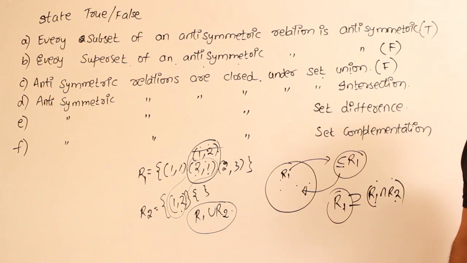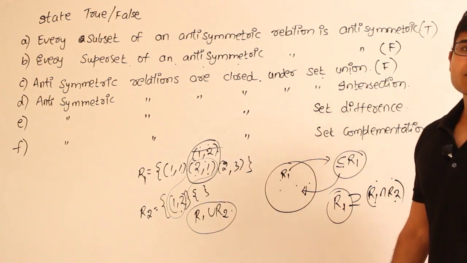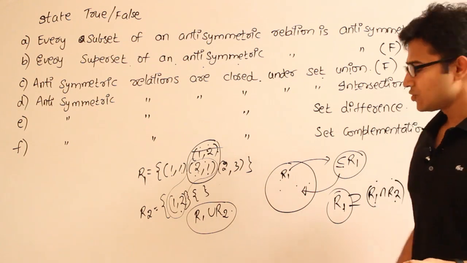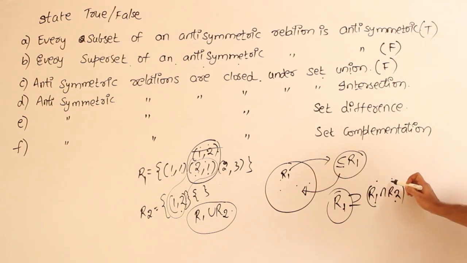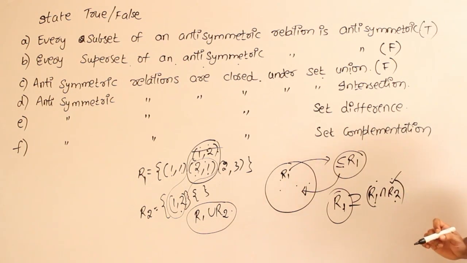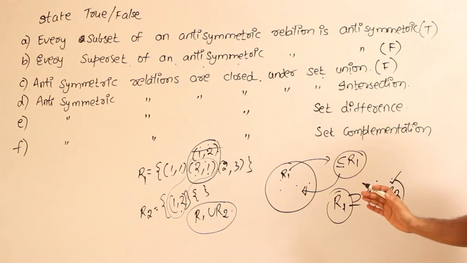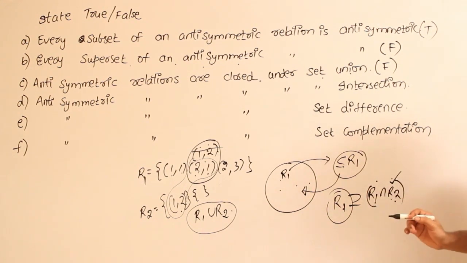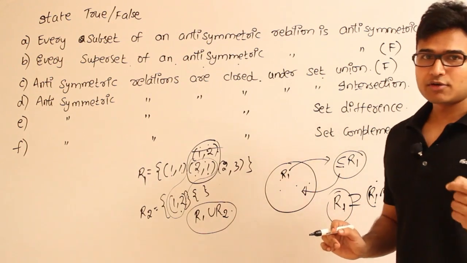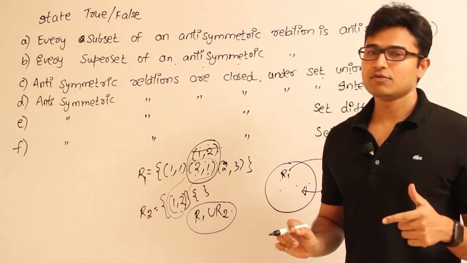So you need not worry whether R2 is antisymmetric or not. Just knowing that antisymmetric relations are closed under the subset operation is enough to solve this.